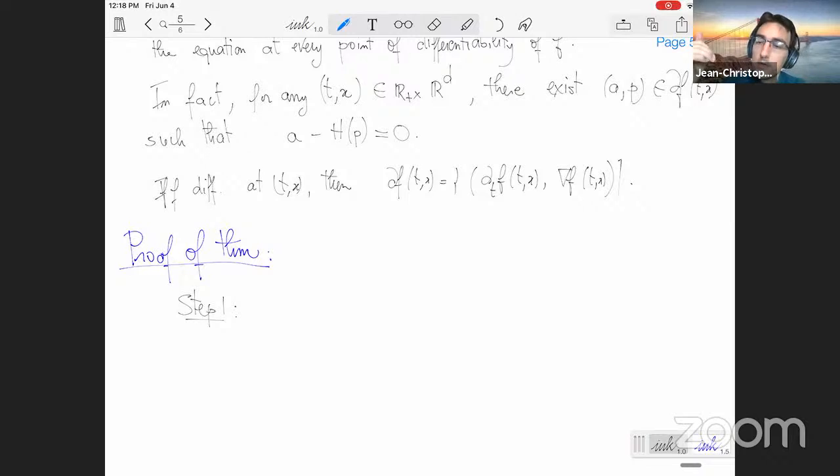The theorem said, if we have a function which is convex, Lipschitz and satisfies the equation on a dense set, and the initial condition is C1, then it must be a viscosity solution. That's what we need to prove. And the first thing I want to verify is that under these assumptions, the function is a subsolution. And then I will do the supersolution.